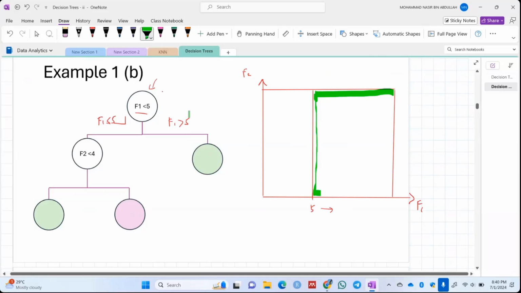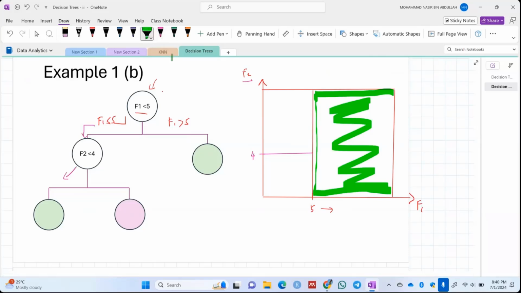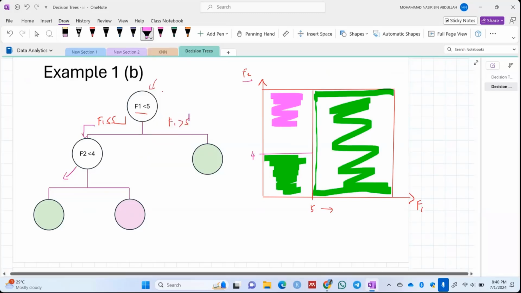On the left hand side, it can be split by f2 equal to 4. Let's say this is 4 and this is another region. When f2 is less than 4, it is a green area. If f2 is more than 4, it is actually a pink area.